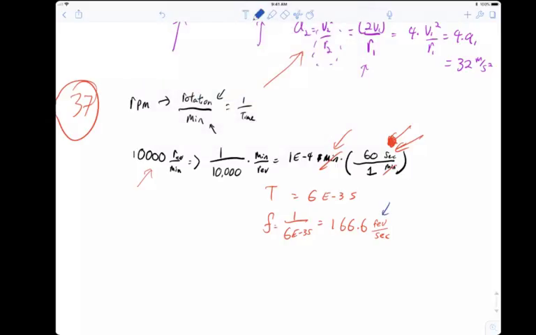You don't have to do that. A revolution is a unitless quantity. This is just to keep everything straight in my head. A revolution is not a unit. Okay, so the correct answer is 166.6 per second, or 166.6 hertz. Okay, so B.